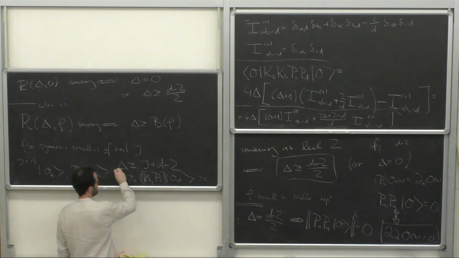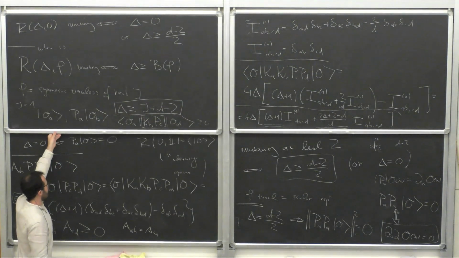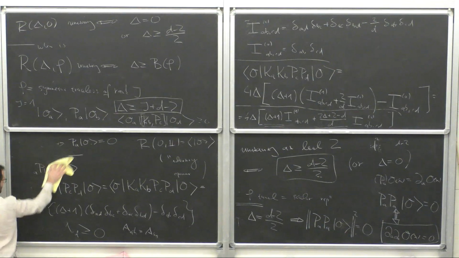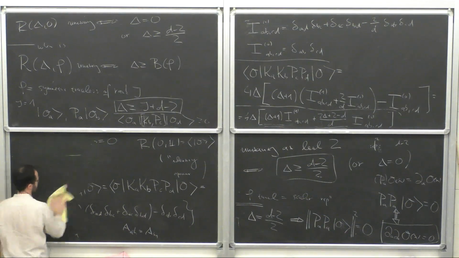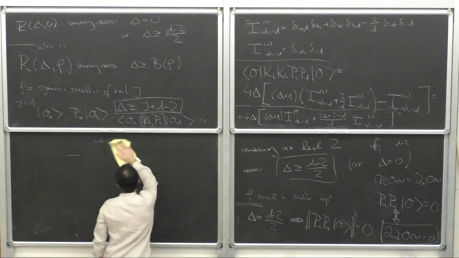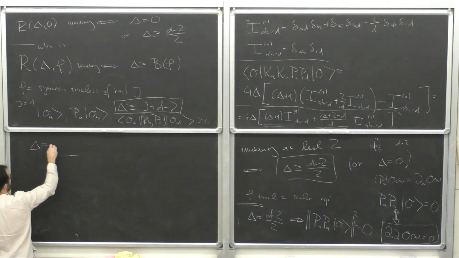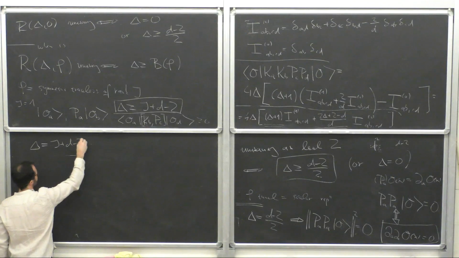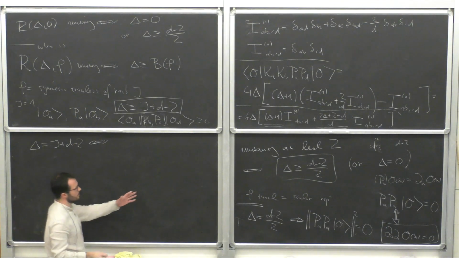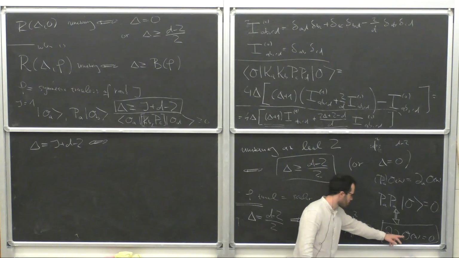Anyway, the conclusion is this: the bound is saturated for conserved currents only. So delta equal to j plus d minus 2 can only happen, just like the saturation for the scalar could only happen for O which satisfies the equation of motion.